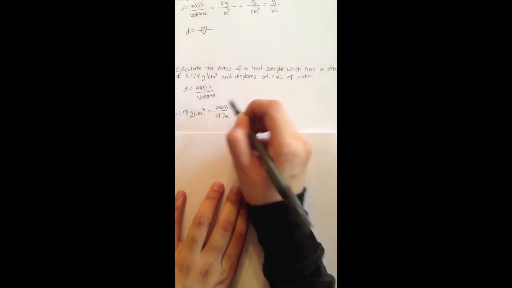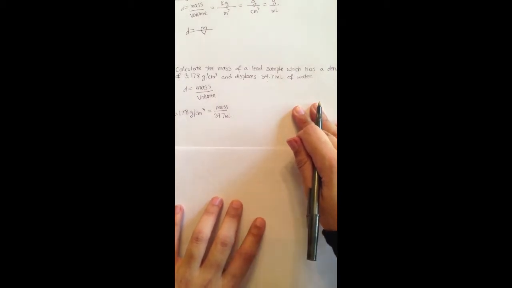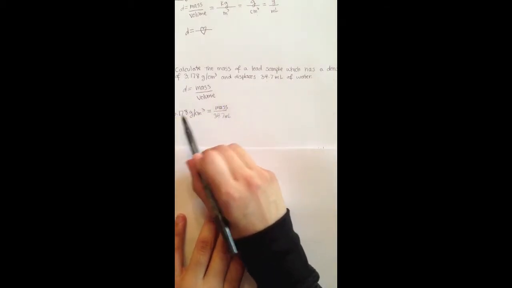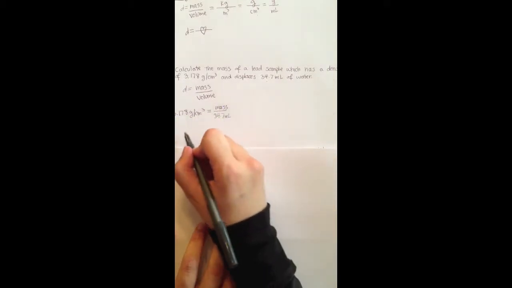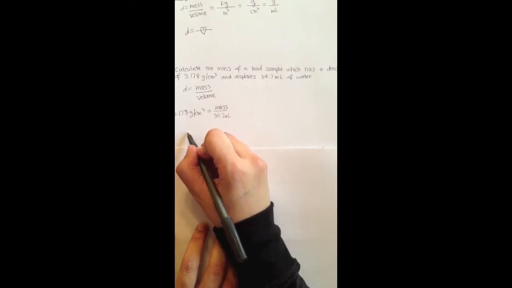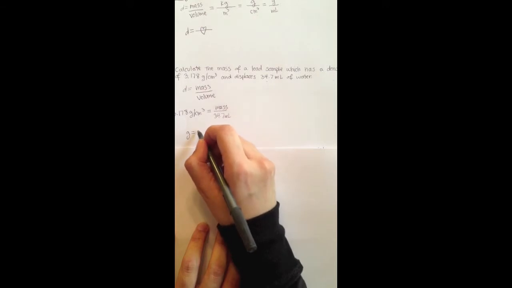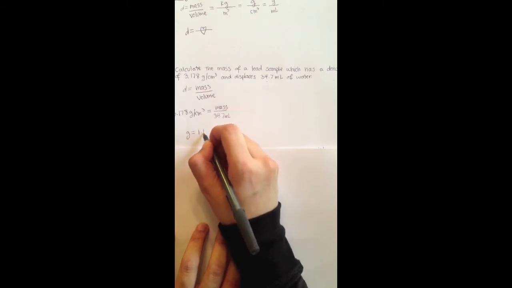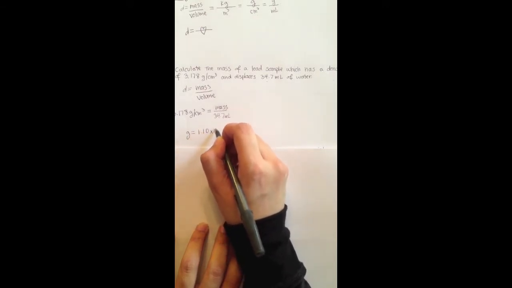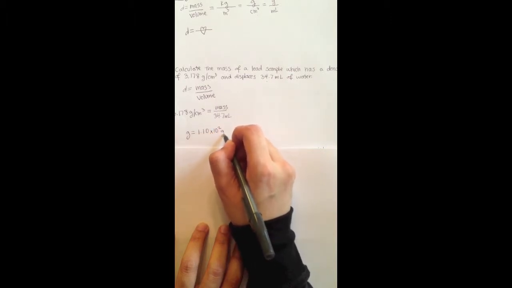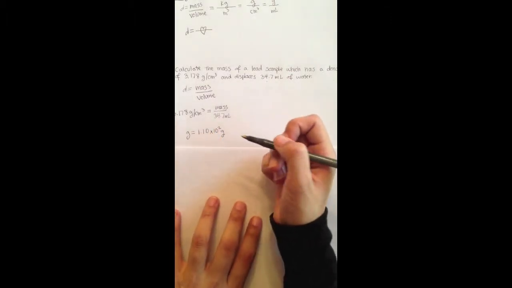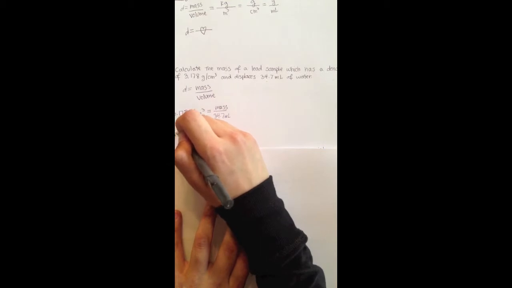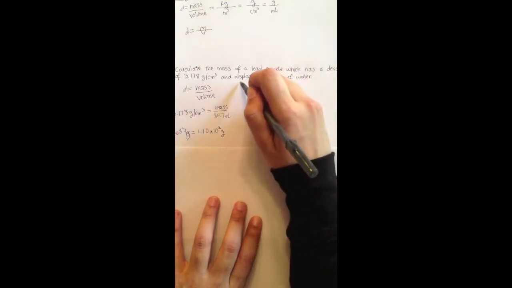And we're left with mass, which we can calculate. So if we just multiply these two numbers together, we can get the mass in grams, which if we plug that into our calculator, we're going to get 1.10 times 10 to the second grams. So that's what we have for our mass.